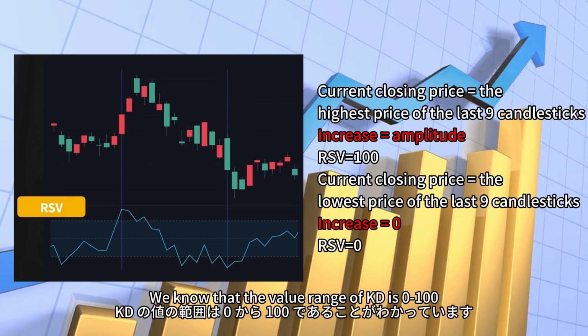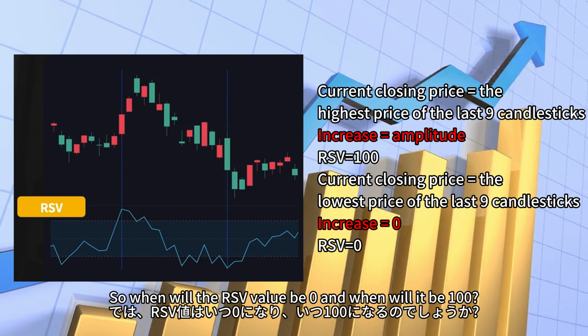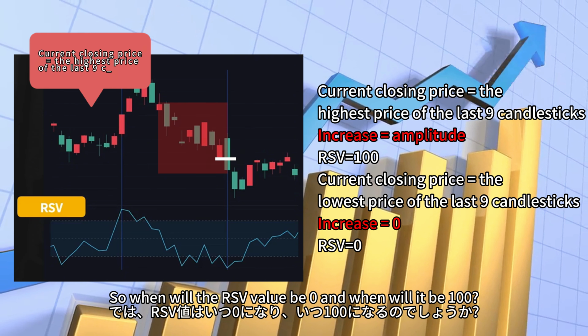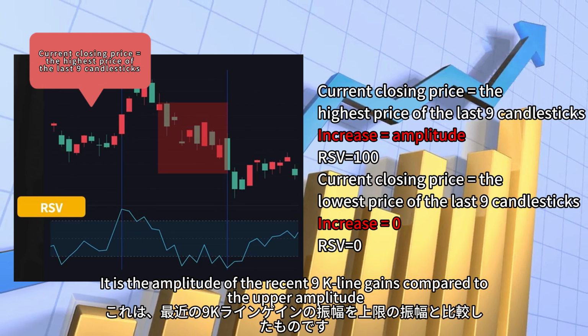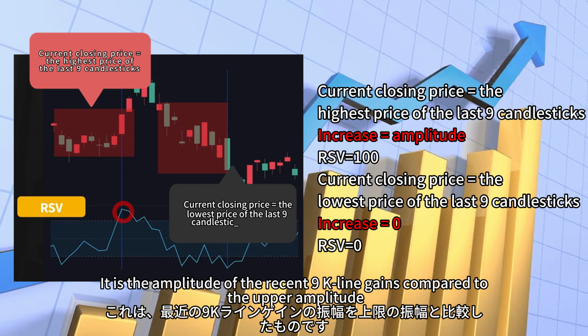We know that the value range of KD is 0 to 100. So when will the RSV value be 0, and when will it be 100? After disassembling the formula, we know that the RSV is the gain of the recent 9 candlesticks compared to the amplitude.